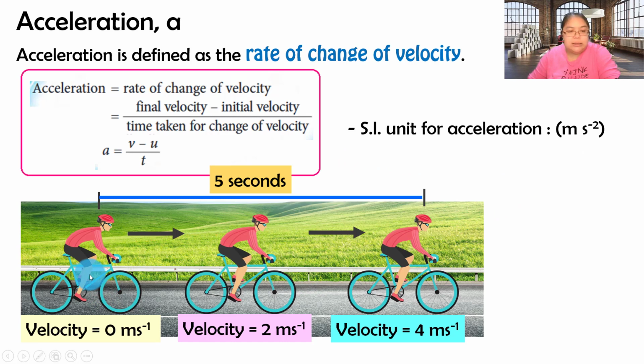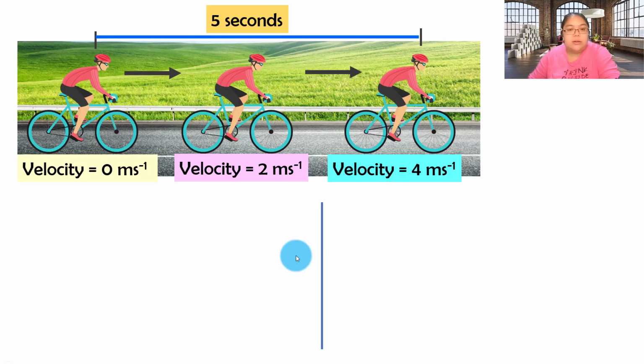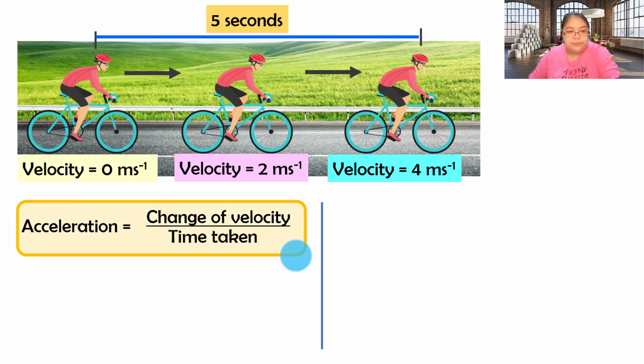Okay, so here let's see the example. The cyclist cycles the bicycle, starting at 0 velocity. Now they keep increasing the velocity. So from here we can say the cyclist is accelerating in 5 seconds, from 0 velocity until 4 ms-1 velocity. This situation we call acceleration. Now we can see the question.